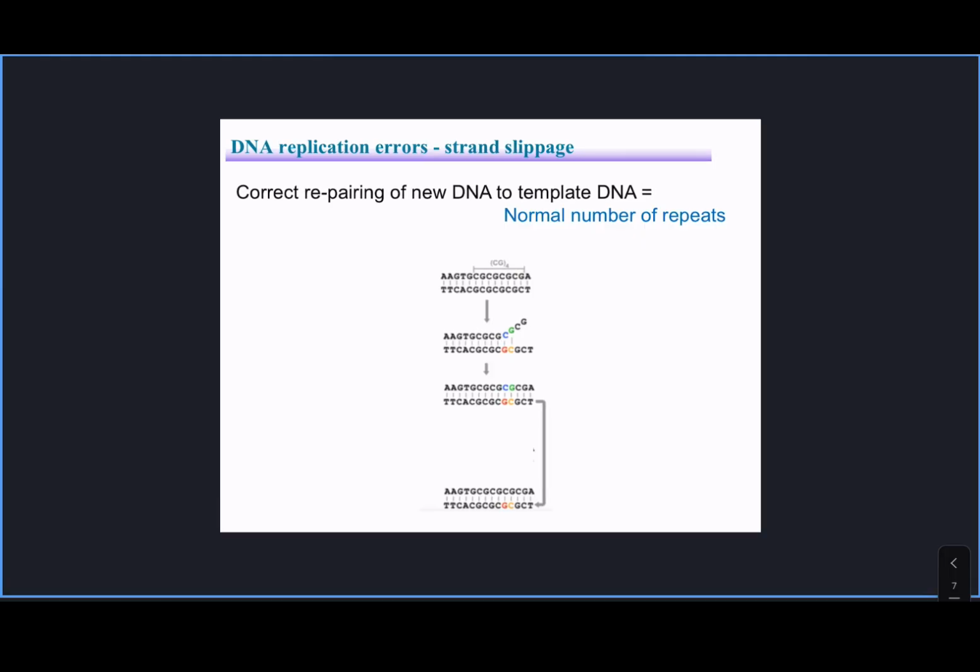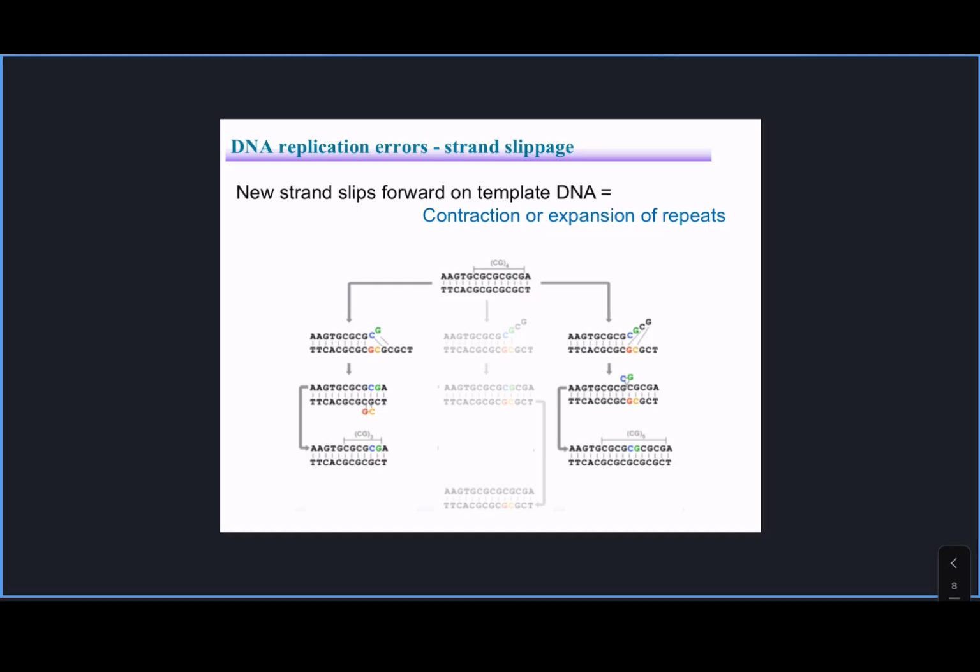So here in this slide, what this slide shows is what would happen if there is no mistake. DNA polymerase detaches from the template momentarily, but then reattaches such that there is no shifting either way. And it continues and it generates a new DNA molecule that is the same as the parental one. But here we have the two examples of what could happen if it slips.